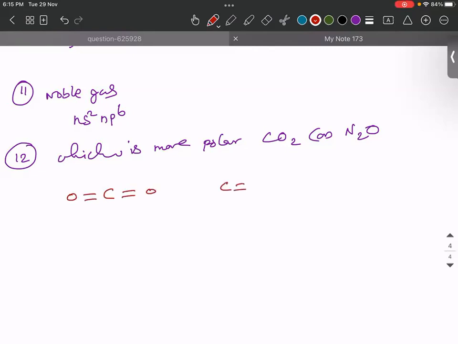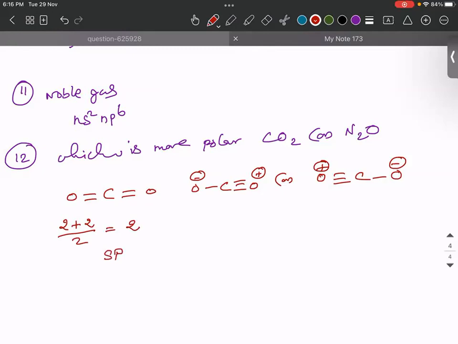Actually, carbon dioxide has resonance, but we will take the structure as written. You follow the VSEPR theory. Two atoms are bonded to carbon, two by two, so it becomes sp. So sp means what you will get? Carbon will be linear in shape.